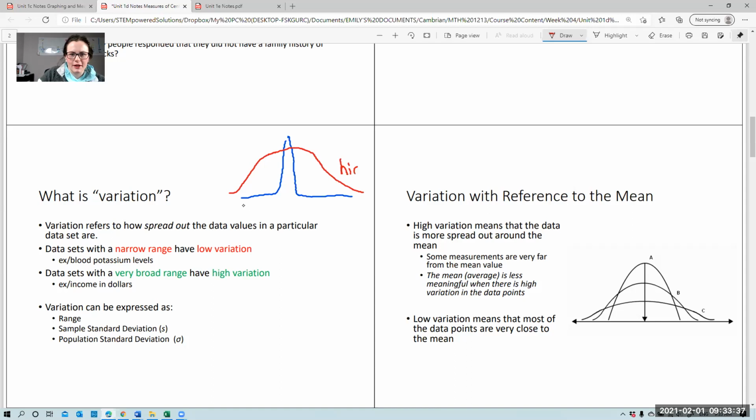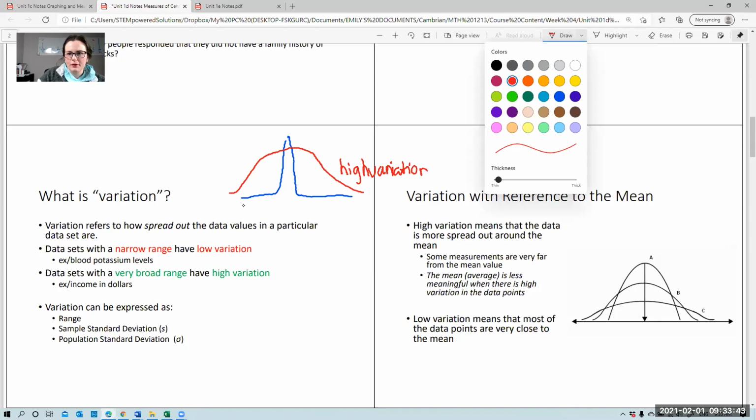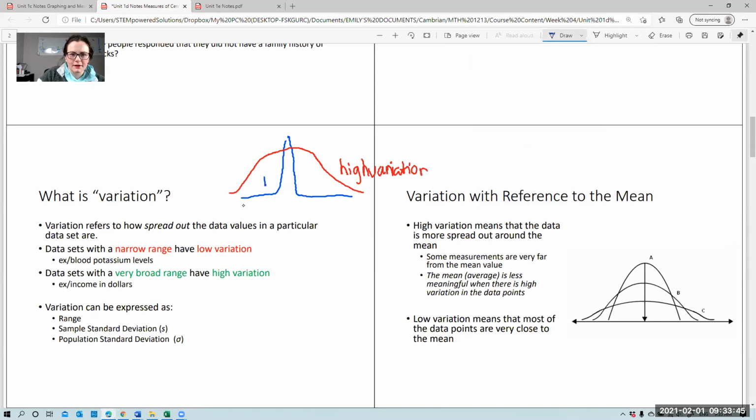So this would be high variation, and the one in blue would be low variation. Data sets with a very broad range have high variation.